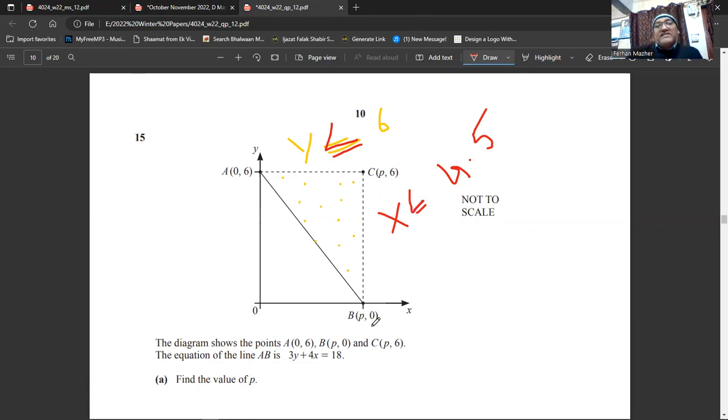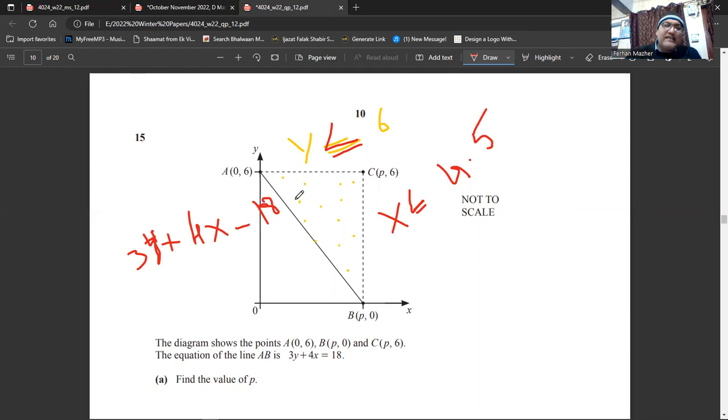Now, if we talk about this equation, the equation is given: 3y plus 4x equals 18.